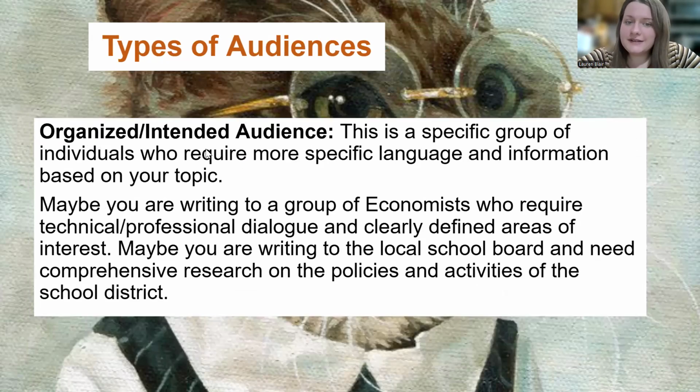There's your organized intended audience, and that's a specific group of individuals who require more specific language and info based on your topic. Like if you're writing to a group of economists who require technical and professional dialogue, or maybe the local school board, and you need comprehensive research on policies and activities in the school district. You want to focus on those things and give your audience what they need.